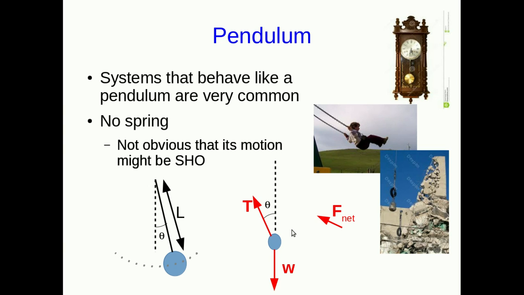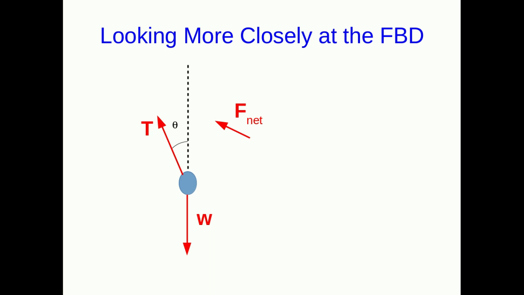We only care about what's going on tangentially, and so we can ignore everything radial. So let's look more closely at the free body diagram and use this fact that we don't care about the radial part of what's happening here. All we're worried about is the tangential part. So the tension is entirely radial.